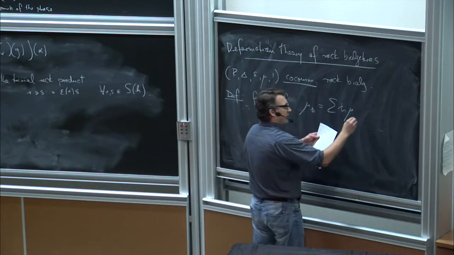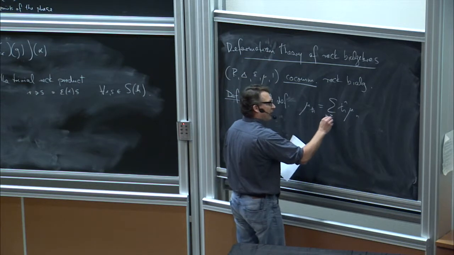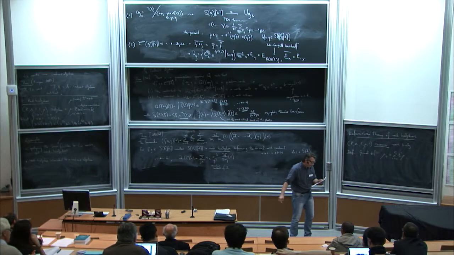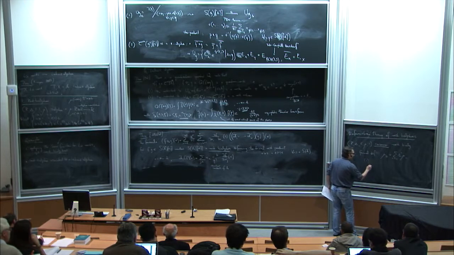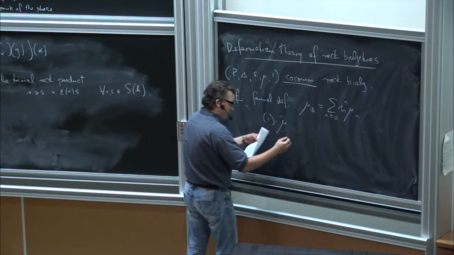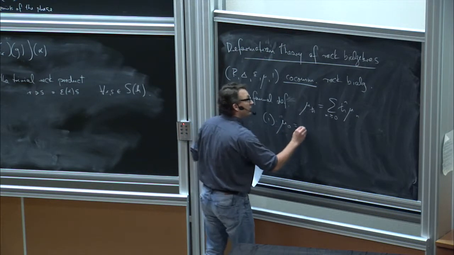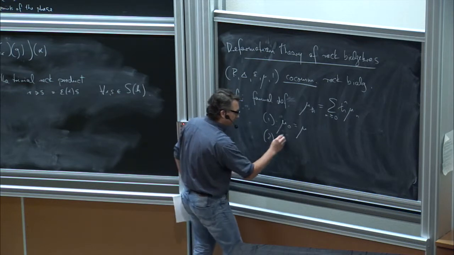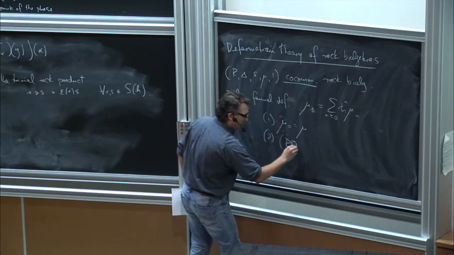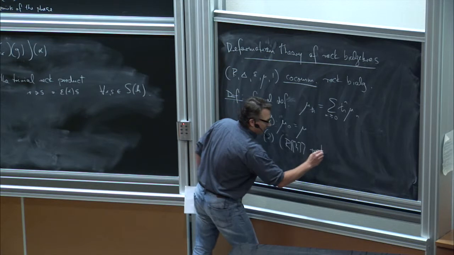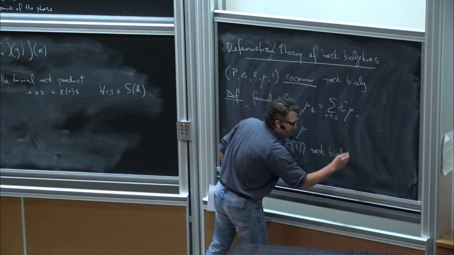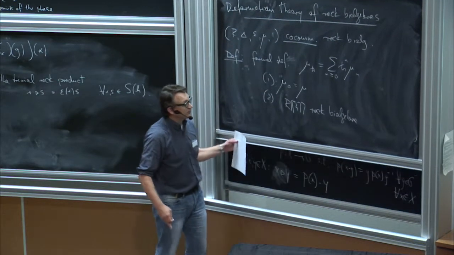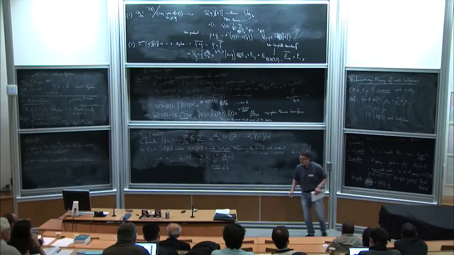This is a formal series of these mu products, such that mu 0 is the mu we started with, and the whole space becomes a rack bialgebra with respect to the deformed bracket.